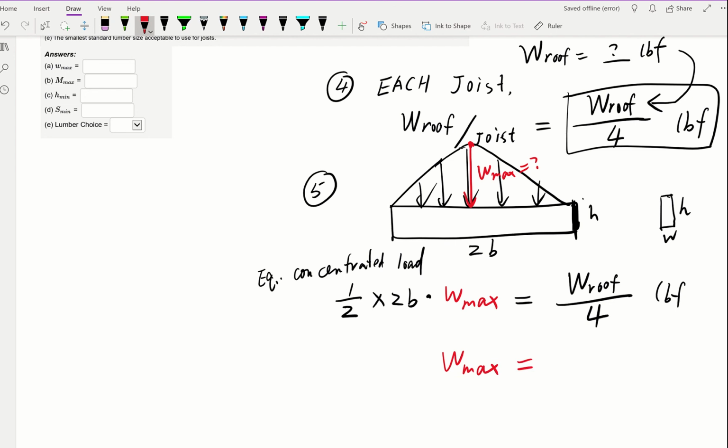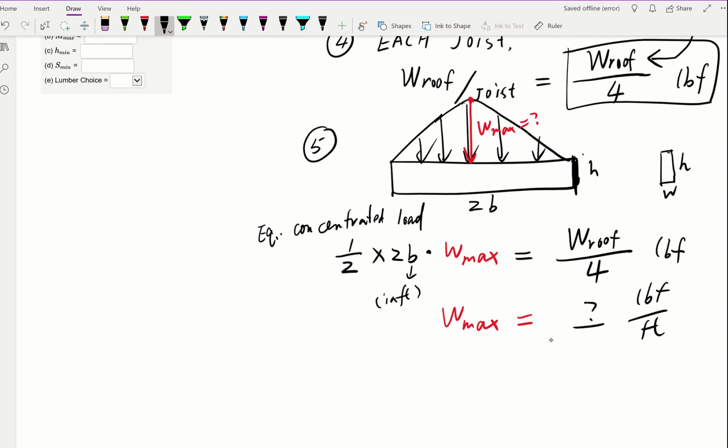Since this is pound force, if you use b in foot, when you solve it you're going to get a unit of pound force per foot. Or potentially you could use this in inch also, then you will get the unit of pound force per inch. And either one will work.